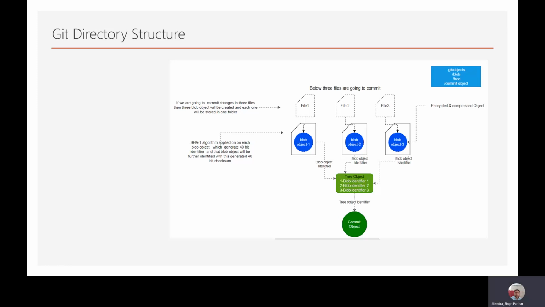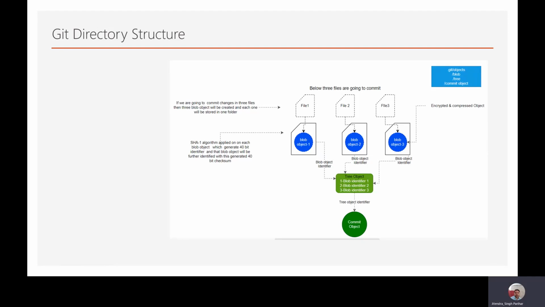Once the blob object is created, a hash algorithm is applied on the blob object to get an identifier of the blob object. The generated identifier will be the 40-bit checksum.